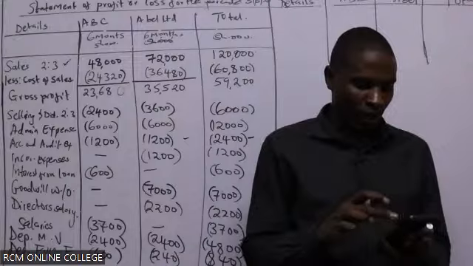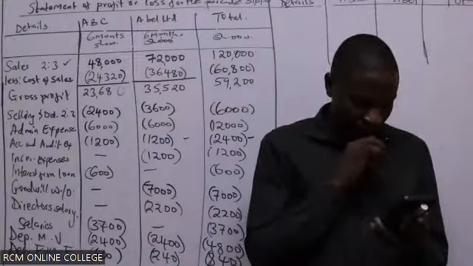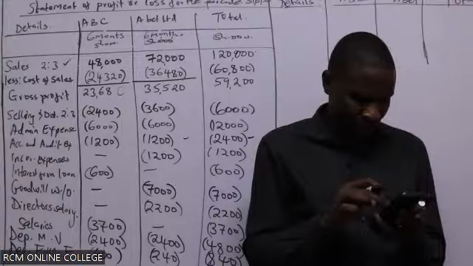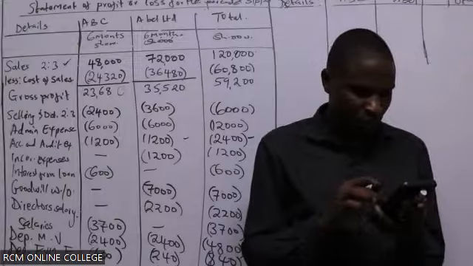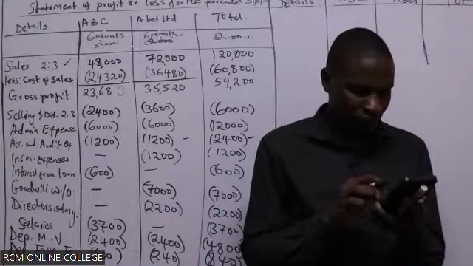We did working there. When you look at additional information number 6, we are given that the depreciation rate is provided as follows. Furniture is 10%, and then you go to where we have the furniture and fitting, 12,000.